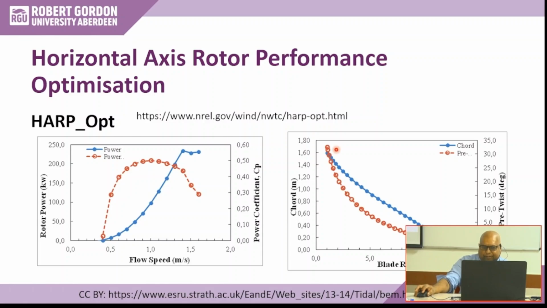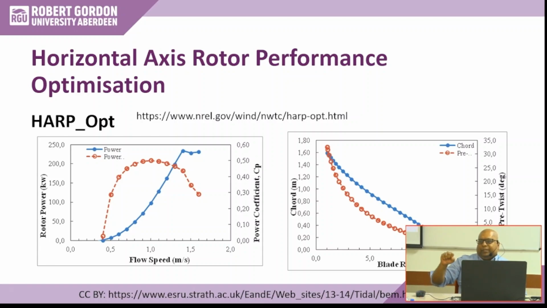First of all, it will create a blade profile. If you have the chord length at different radius, say the blade is 10 meter radius here, you can see the chord length. Chord length is 1.6 meter at the beginning, and then as you go to the tip of the blade, the chord length gradually reduces to 0.2 meter.